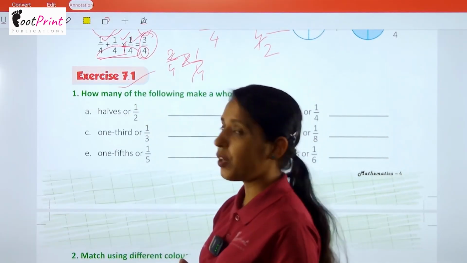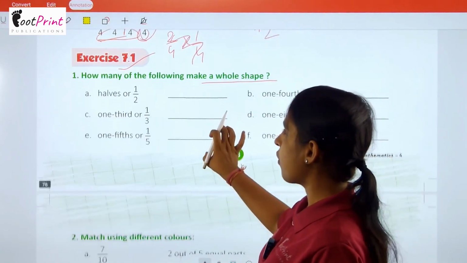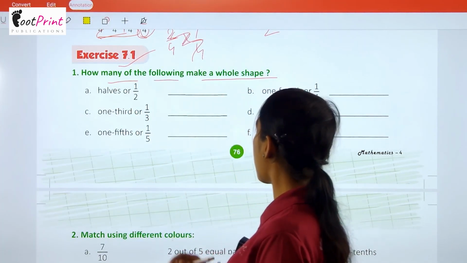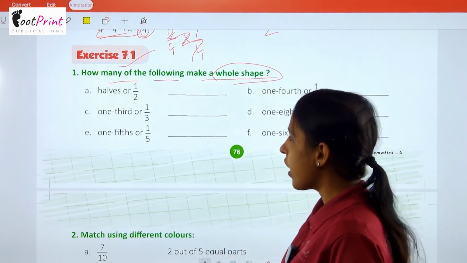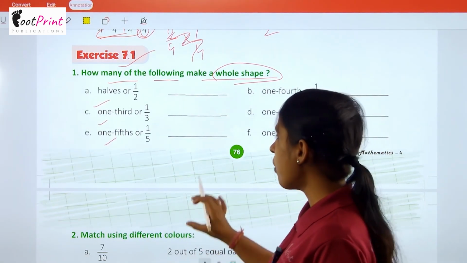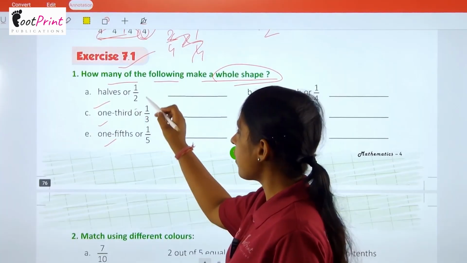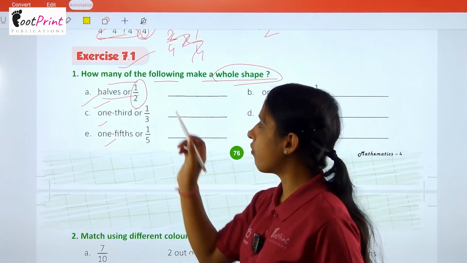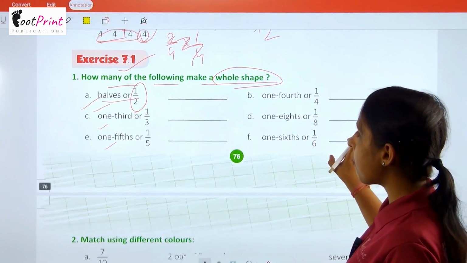Okay, now we will start our exercise. Exercise 7.1. Now we will solve our question number 1, that is how many of the following make a whole shape. So here some fractions are given and we have to know how many of this fraction if we are taking, it makes a whole. If we solve first one, it is half or half.